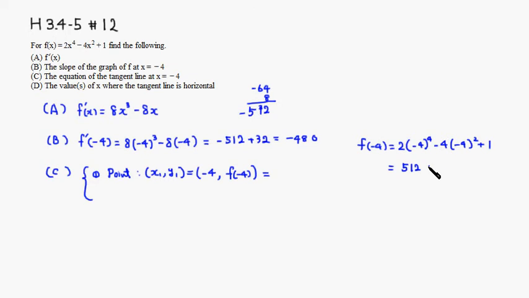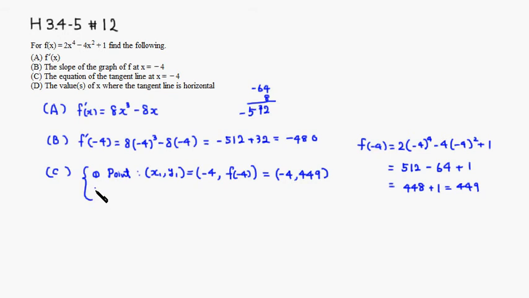Minus, negative 4 squared is 16, times 4 is 64, plus 1. So that's 449. So you have negative 4 comma 449.